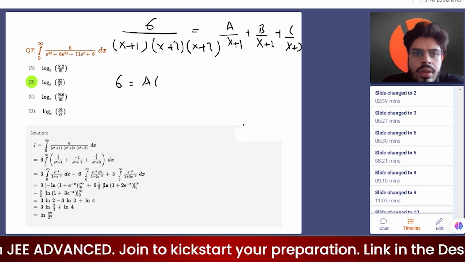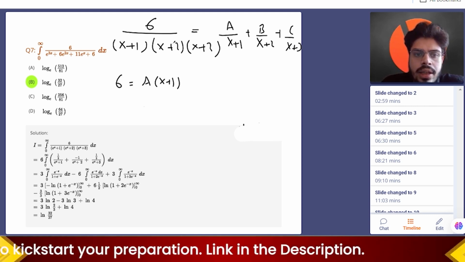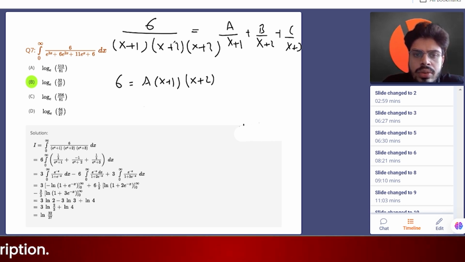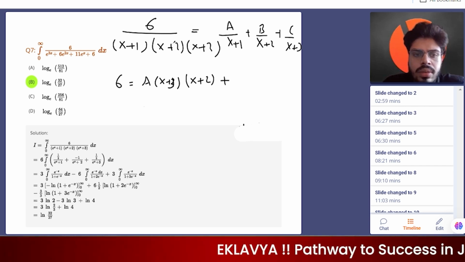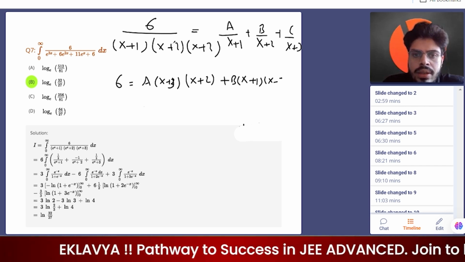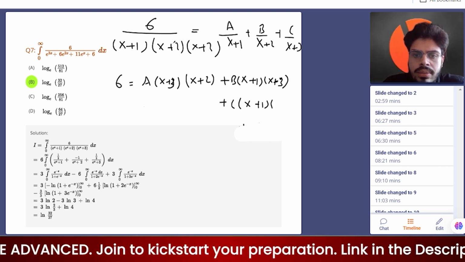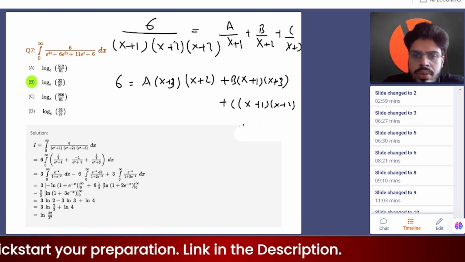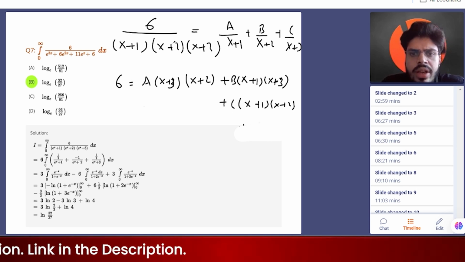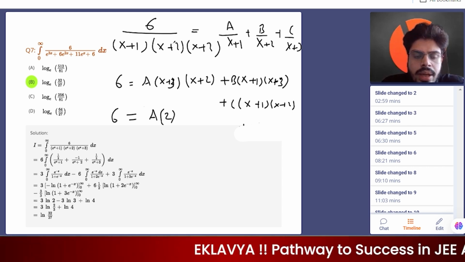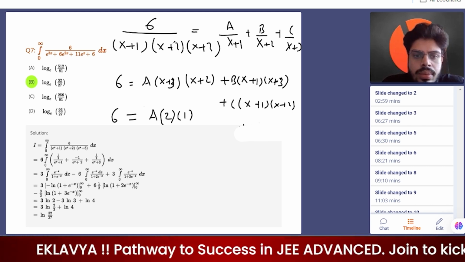So here I get 6 equals a times x plus 2, x plus 3, plus b times x plus 1, x plus 3, and c times x plus 1, x plus 2. So if you put -1, this term comes with 0, and here will be 6 into -1 plus 3, 2, -1 plus 2, 1.